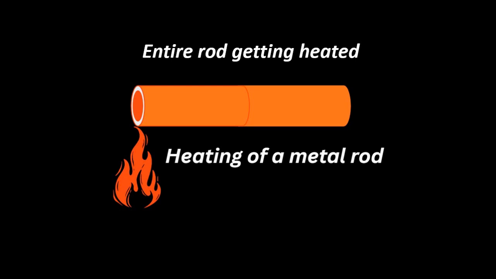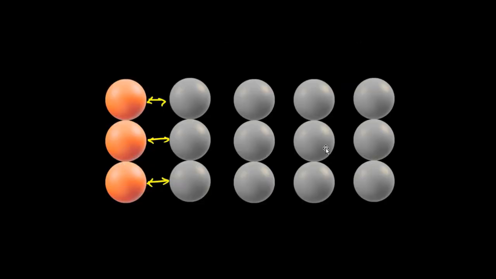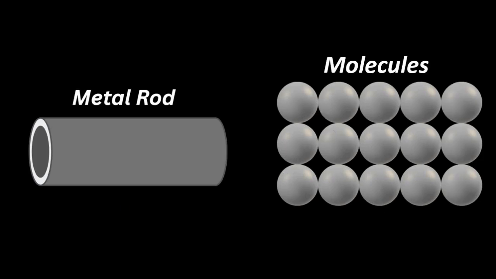Now here the interesting thing is that the molecules have not traveled from this point to here. See, this is the initial state of the metal rod. This is the first set of molecules, and this is 2, 3, 4, 5. This is the fifth layer. Here the first layer has not traveled to this position.